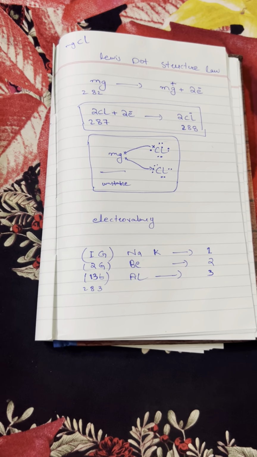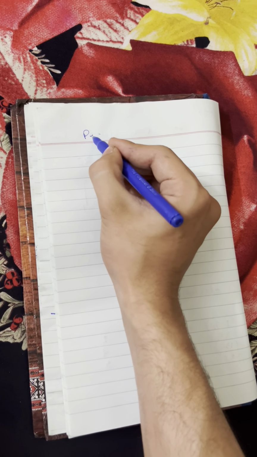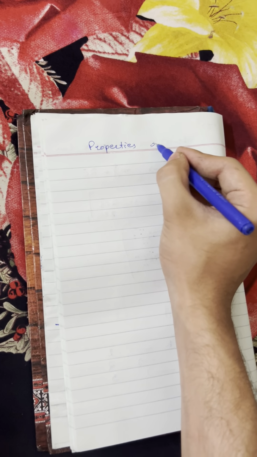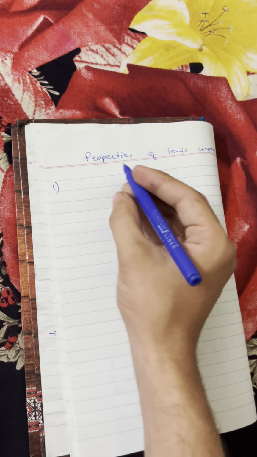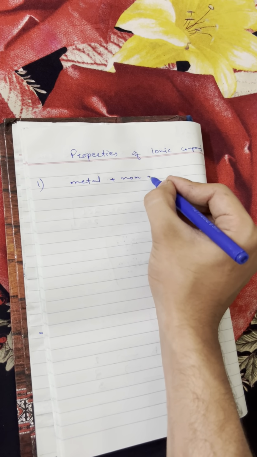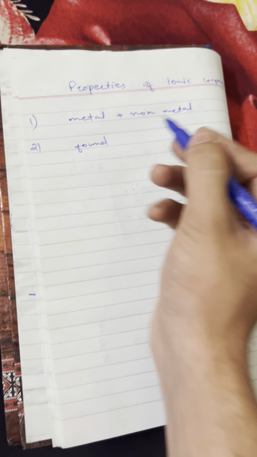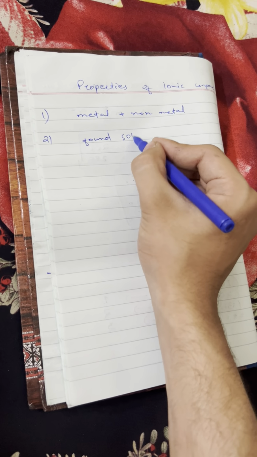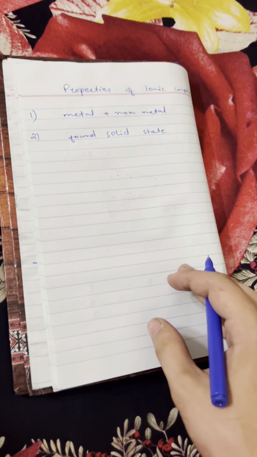After that we have properties. We'll look into the properties of ionic compounds. The first is the basic property: metal plus non-metal, found in ionic bond, always found in solid state, like NaCl.